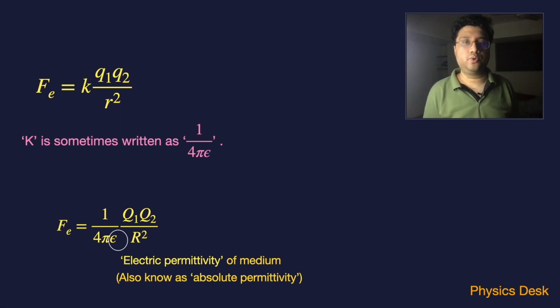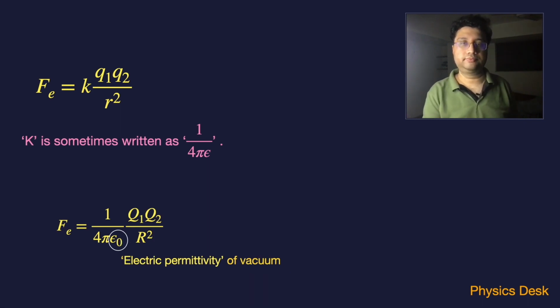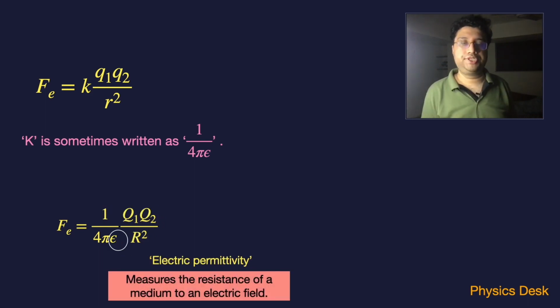It is also known as the absolute permittivity of the medium. In case of vacuum or air, epsilon is denoted by epsilon naught. We shall learn more about this concept of electric permittivity as we advance further into electromagnetism. As of now, we just need to know that it's a parameter that measures the resistance of a medium to an electric field.